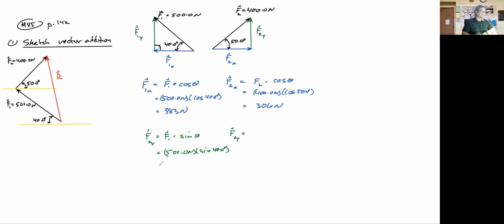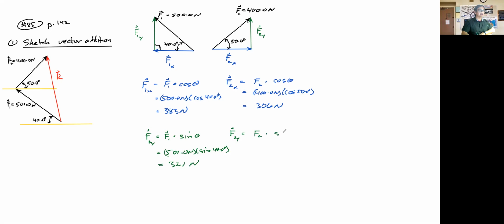So 500 times the sine of 40. I get 321 newtons.